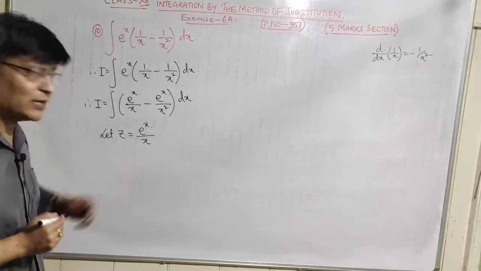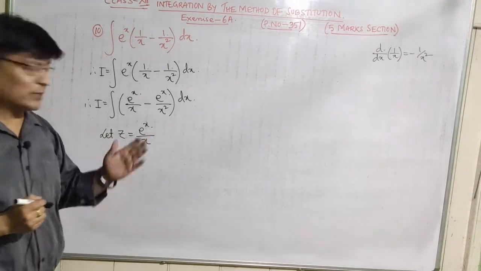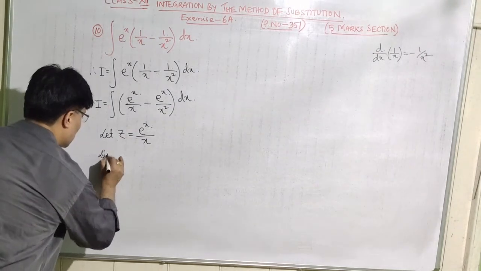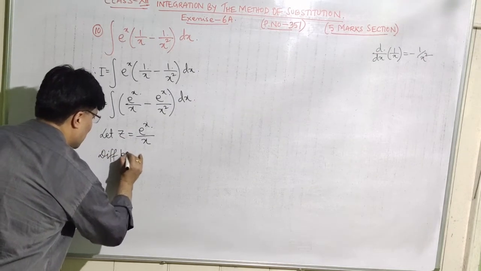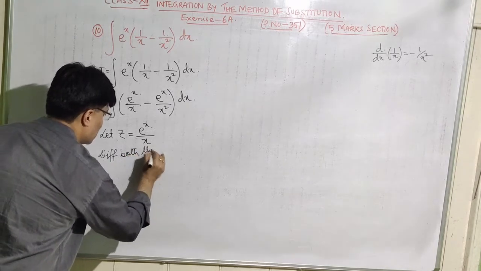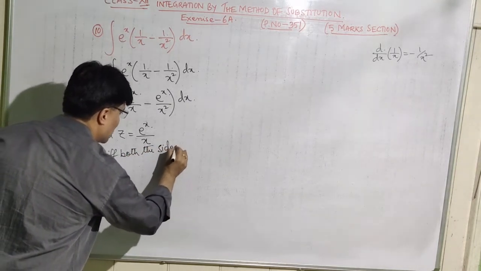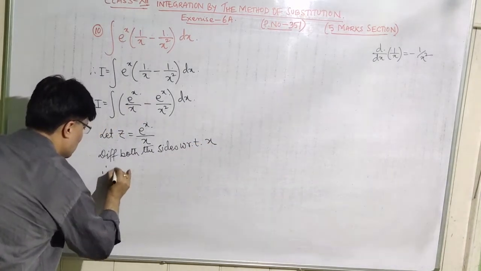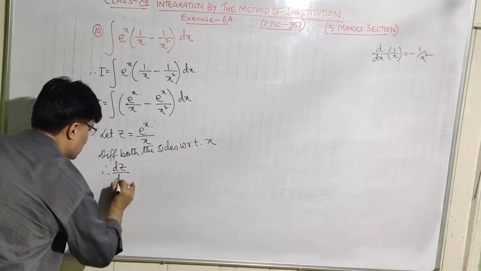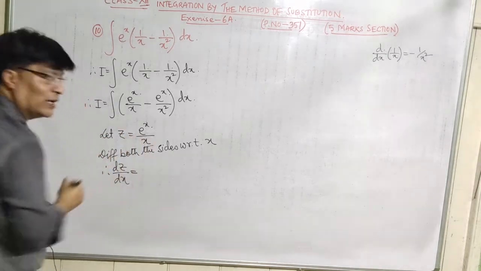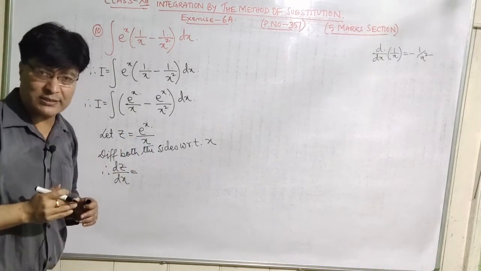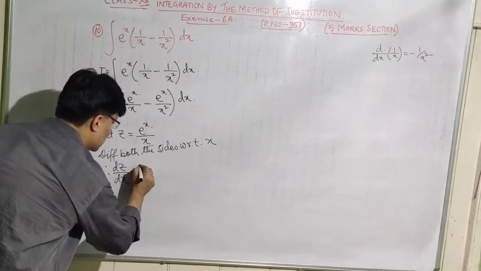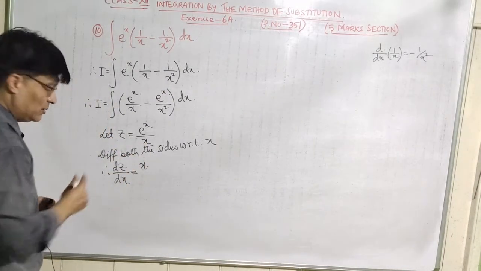Now let us differentiate both the sides with respect to x. This is the method of substitution. So now differentiating both the sides with respect to x, dz by dx is given by the u by v rule. You know the u by v rule, isn't it? That is the quotient rule. Keep the denominator as it is.